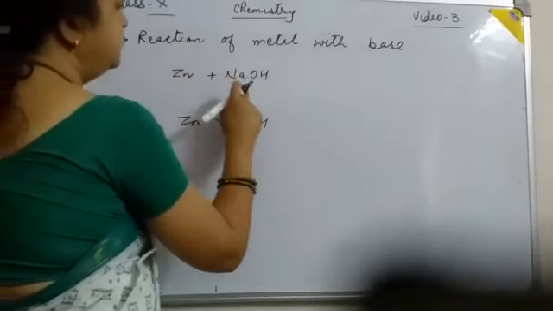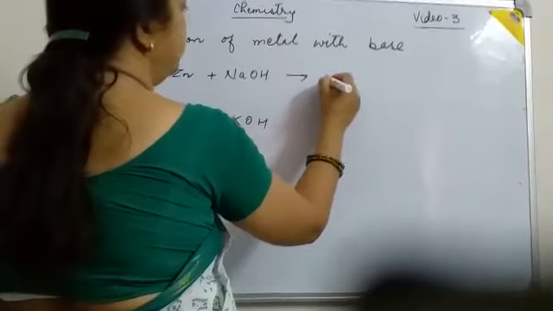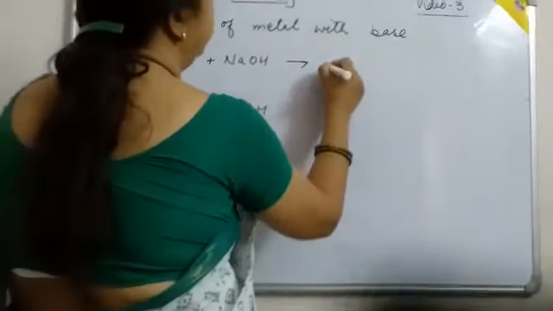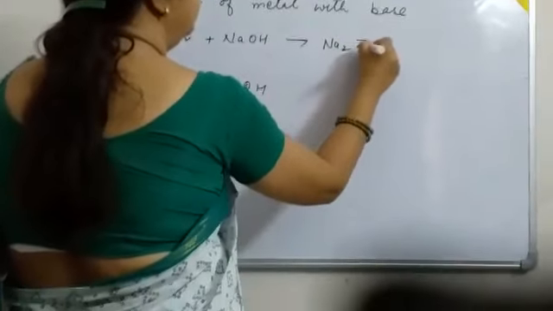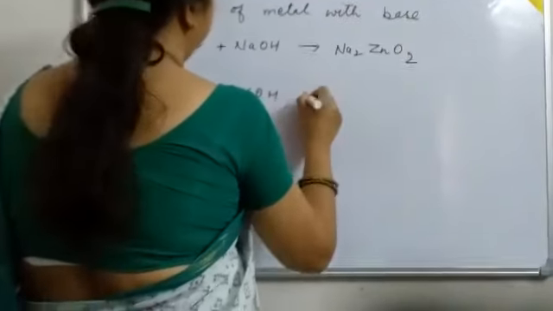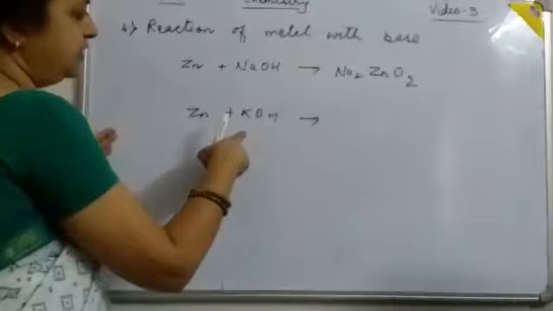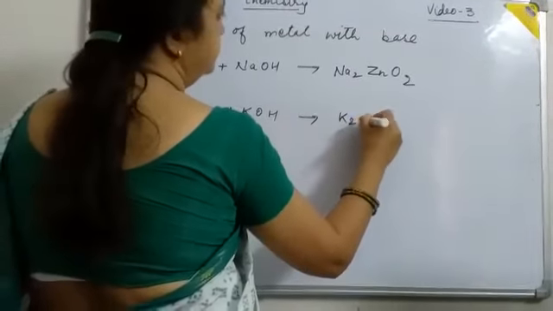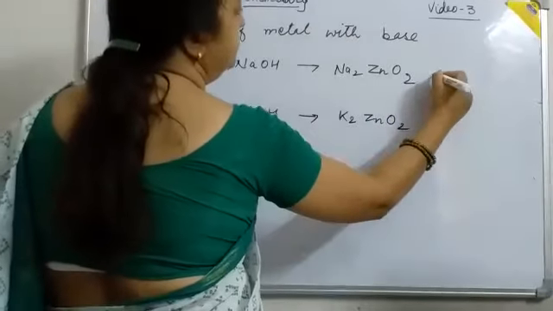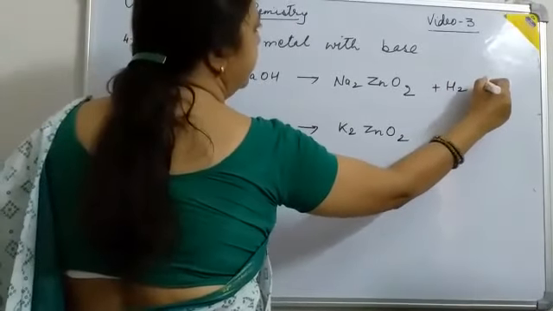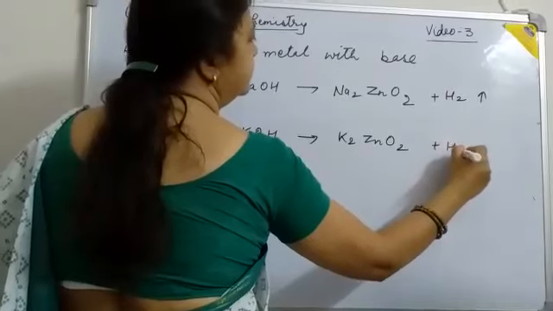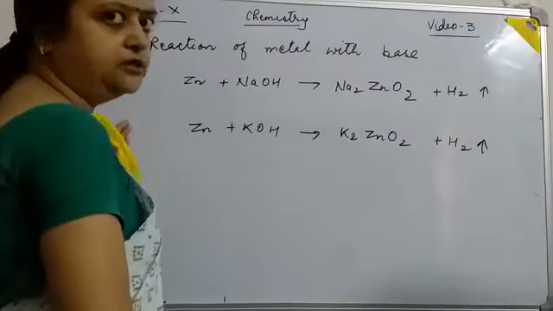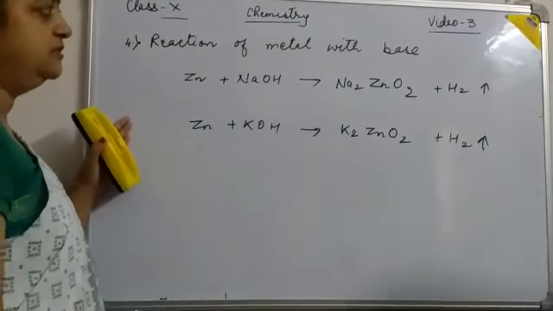So zinc plus sodium hydroxide gives sodium zincate, Na2ZnO2, and zinc with potassium hydroxide also gives potassium zincate, K2ZnO2, with the liberation of hydrogen gas. Hydrogen gas is liberated in these reactions. These two reactions are slow reactions, not vigorous or very fast reactions.